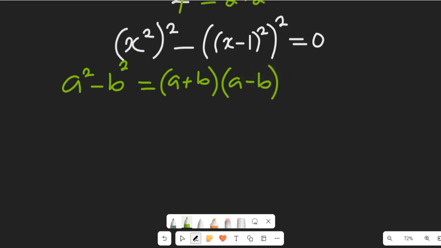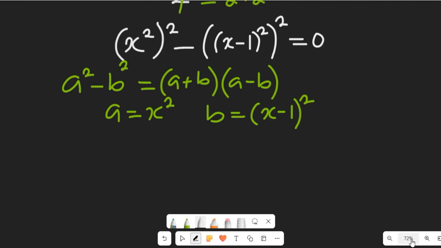So considering this as a difference of two squares, we find that a is equal to x squared, and b is equal to (x minus 1) squared. So having these two expressions, we can simplify further.